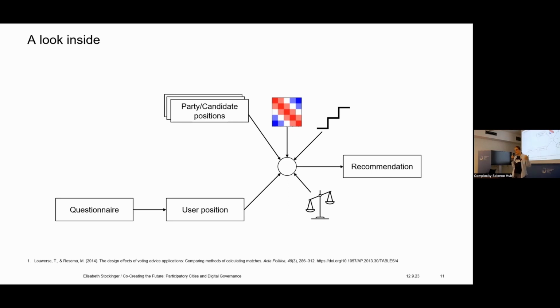In fact, in the study, it was around 90% who received a different recommendation in the first ranking. And this is one of many design choices that are contained in such a transparent algorithm.